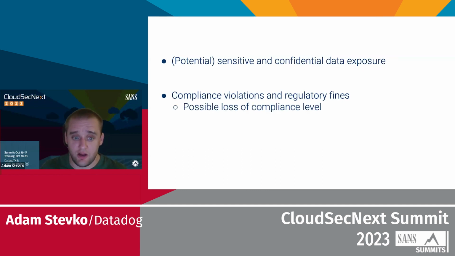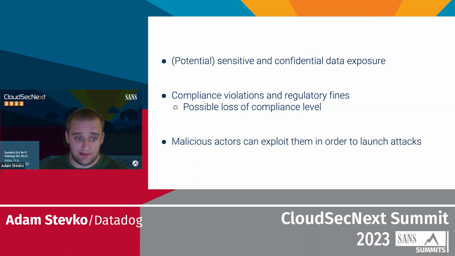At worst, it could lead to loss of the compliance level, which would render the company not being able to do business in a particular field. And last but not least, malicious actors could exploit the misconfigurations to launch attacks or to gain access to more company resources.